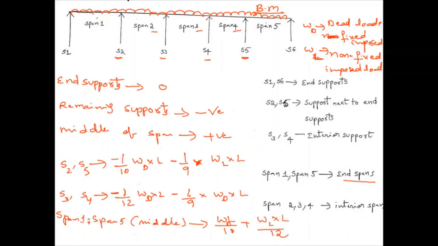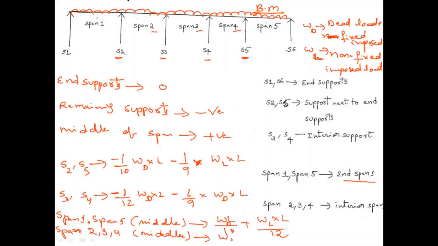Now if you take spans 2, 3, 4, again at the middle, the bending moment will be positive. At all the middles of the spans, the bending moment will be positive.